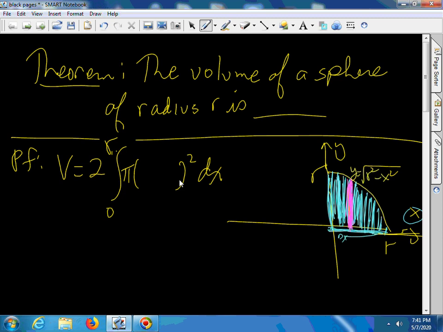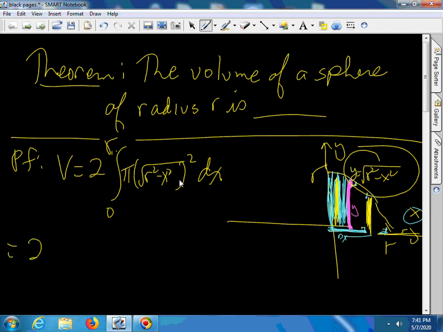Well, the answer is pretty simple. The radius of that single disk is y. In fact, that's true for every one. This radius is y. It's always the height. So we get pi times the radius squared, which is r squared minus x squared.